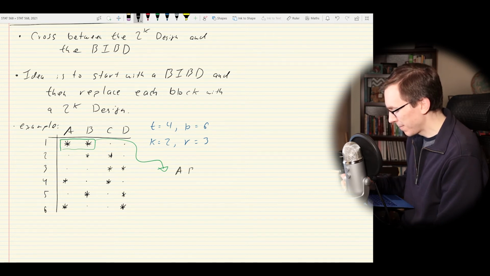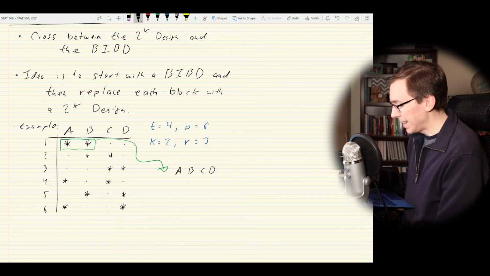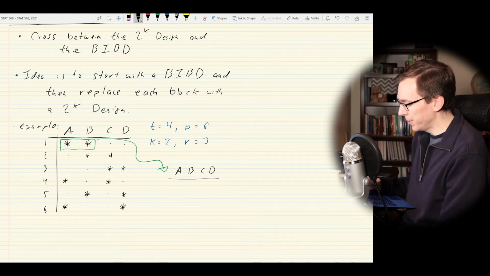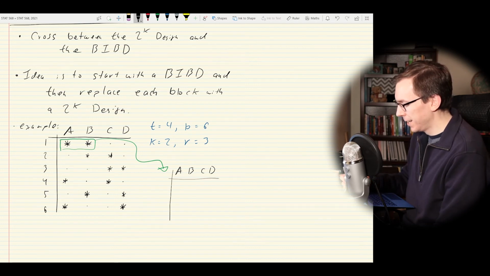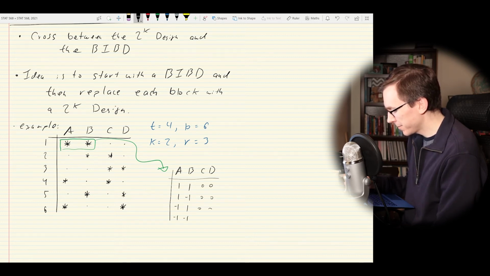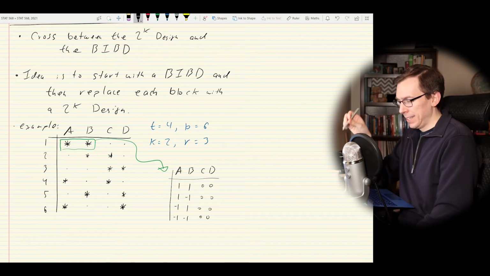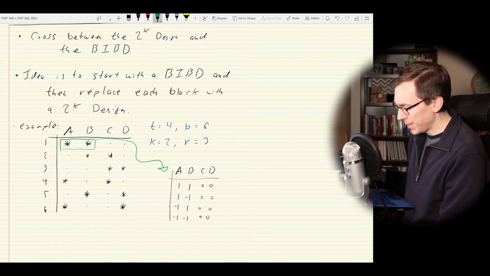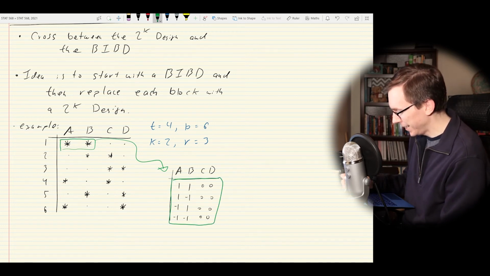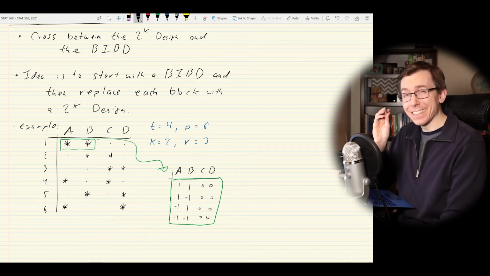So it's going to be A, B, C, D. And in this case, because we have 2 factors here, A and B, we're going to insert a 2 to the 2 design. So I'm going to get 1, 1, 1, minus 1, minus 1, 1, minus 1, minus 1, and then zeros elsewhere. So basically the green box over here becomes this green box over here. So is that kind of clear what's going on?